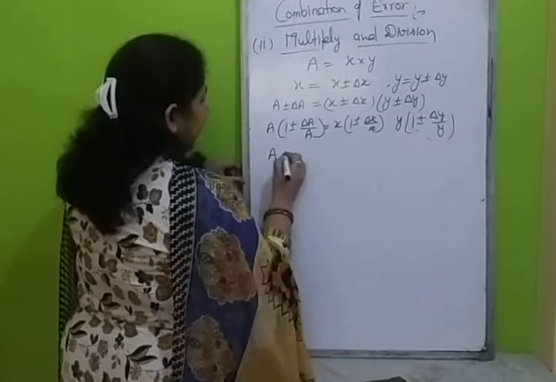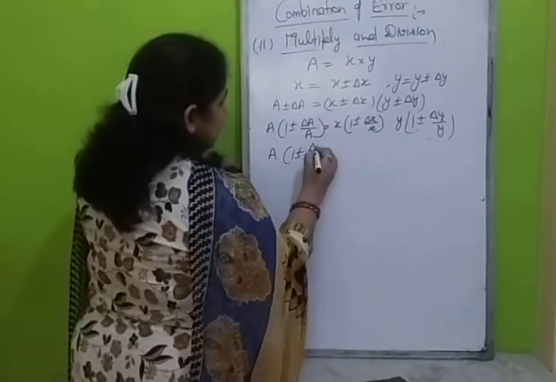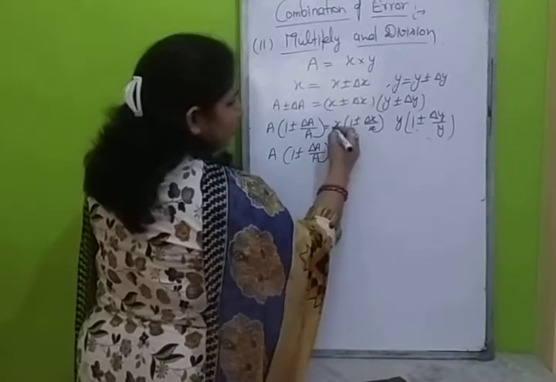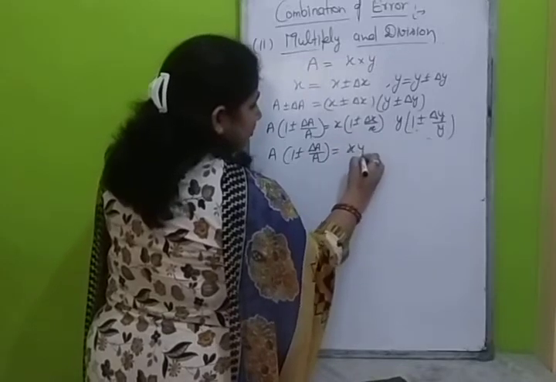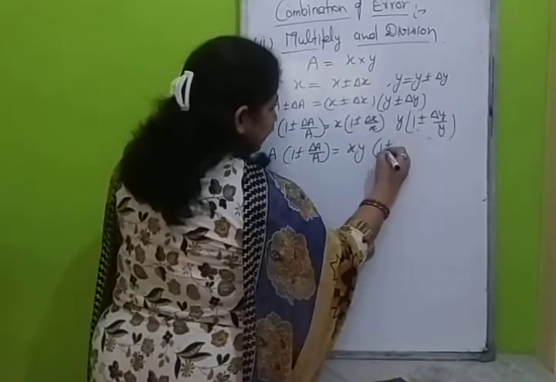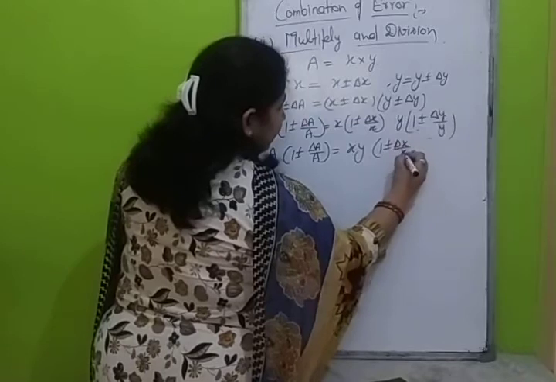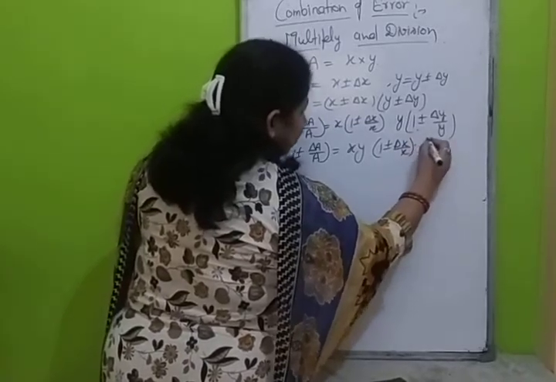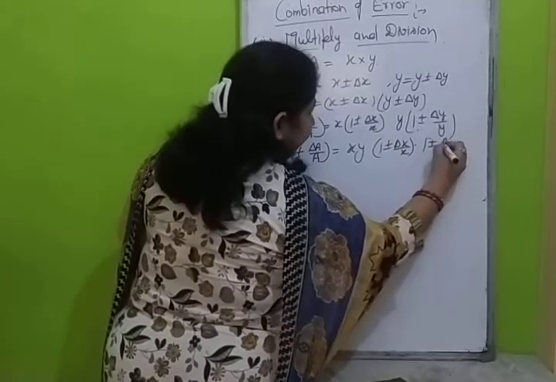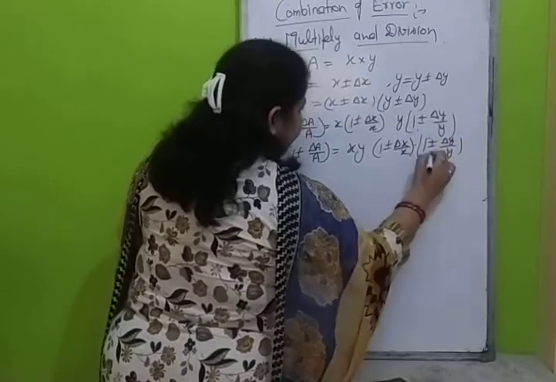Then A (1 plus minus delta A upon A). Solve it. We will put x y on one side and the other two brackets on the separate side.